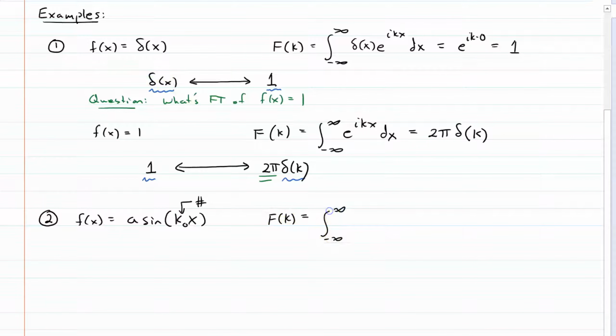Integral from minus infinity to infinity of a, and for the sine I'm going to write it in exponential form, 1 over 2i, e to the i k0 x minus e to the minus i k0 x, times e to the i kx dx. So that's 1 over 2i times a.